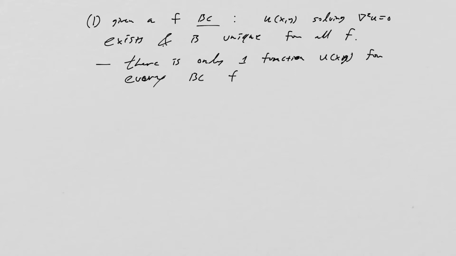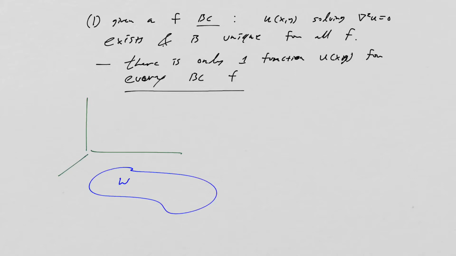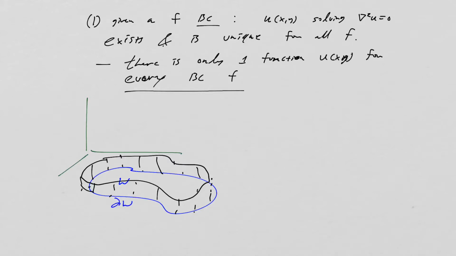And I think that's a very powerful idea here, that this harmonious function links a boundary condition with its interior. Again, we have this picture here of some set W, and we talk about its boundary, and we have some function whose values exist on that boundary partial W, and there's only one function in the interior that satisfies Laplace's equation.